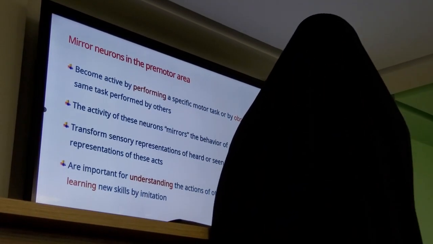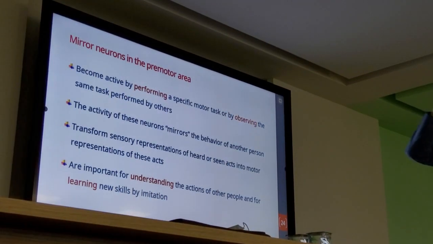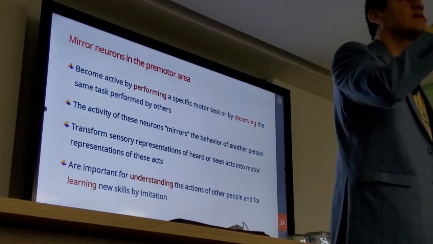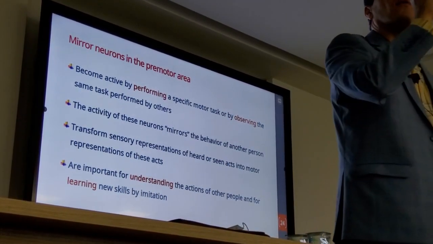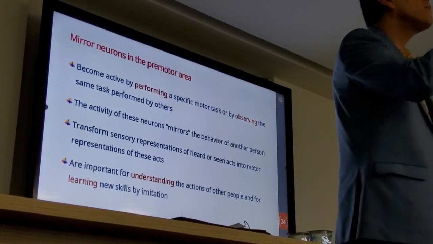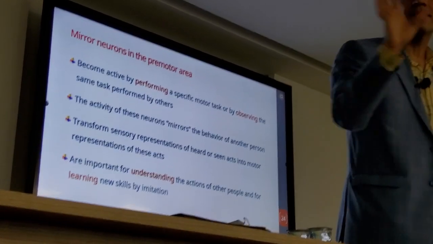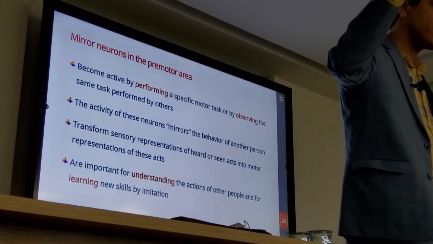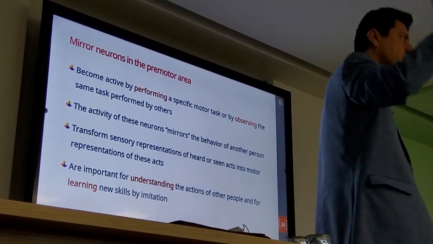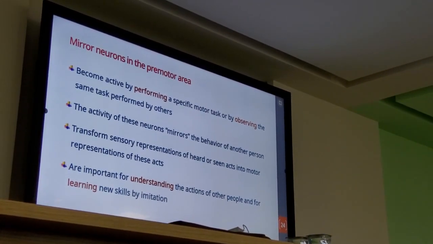Remember that in the primary motor cortex, neurons were involved in performance of the movement. Do you agree with this? So, for execution of the movement, primary motor neurons are important. For planning of the movement, premotor neurons, right?